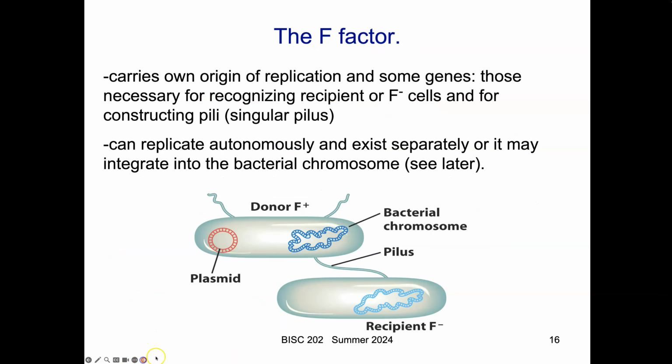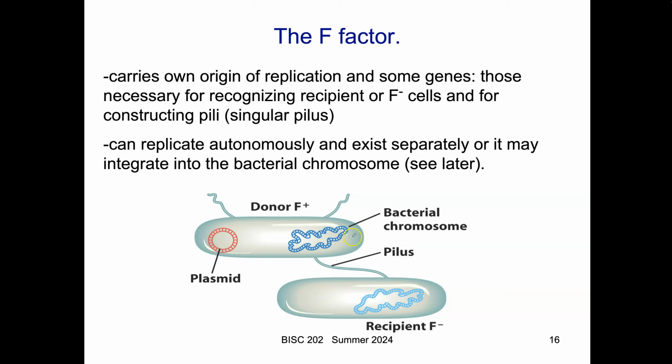Okay, so we're going to look at a few images. So the F factor has its own little origin of replication, so it can replicate, and some plasmids have multiple copies in bacteria, but the one we're talking about in this case just keeps one copy.